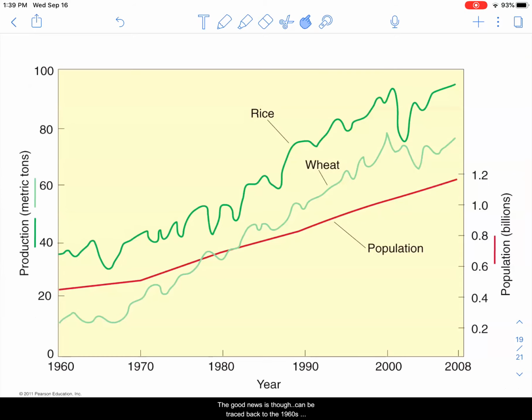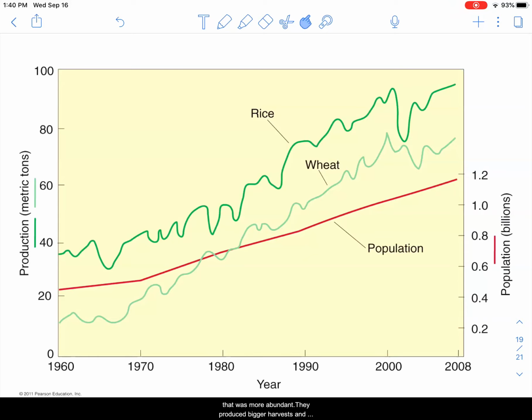The good news, though, can be traced back to the 1960s, where there was a revolution known as the Green Revolution. Norman Borlaug, who is a professor from the University of Iowa and from Minnesota, introduced seeds and different types of crops to new parts of the world to allow them to grow rice and wheat that was more abundant.